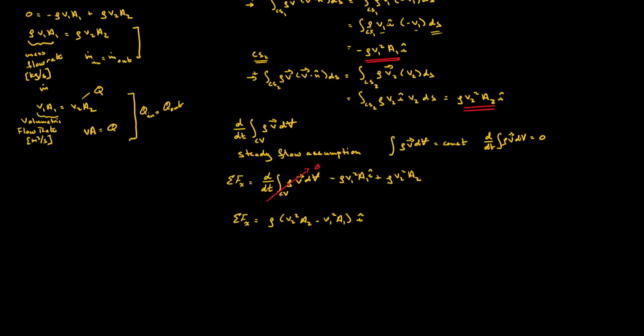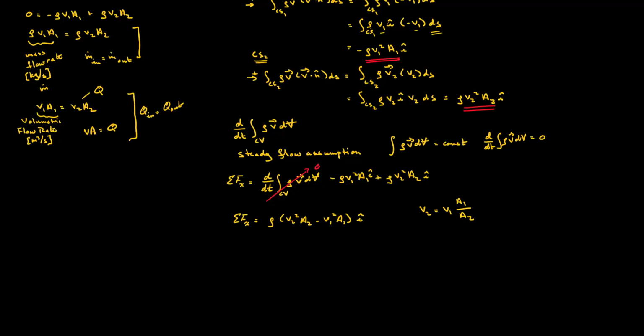I forgot my unit vectors over here. Recall that we found the velocity at point 2 in terms of the velocity at point 1: v2 equals v1 multiplied by a1 over a2.